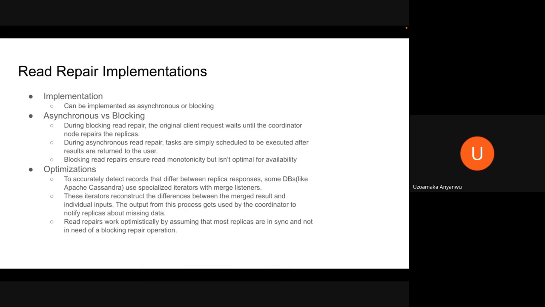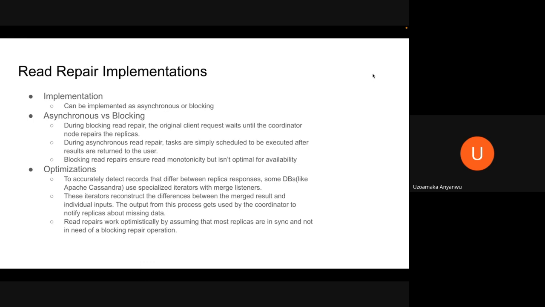For asynchronous read repairs, tasks are simply scheduled to be executed after the results are returned to the user. One advantage of blocking read repairs is they provide read monotonicity, but they're usually not optimal for data availability.